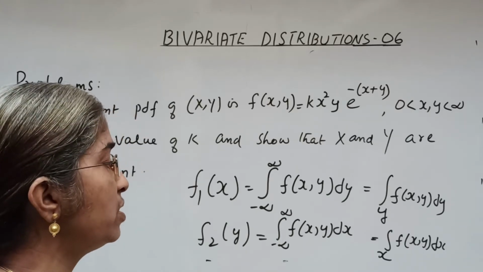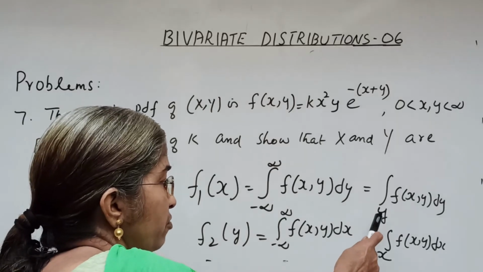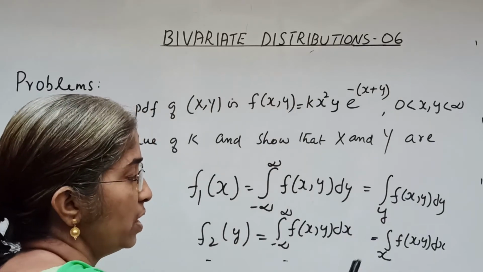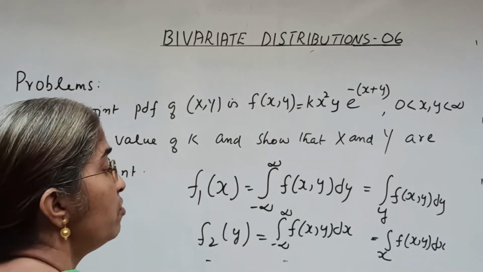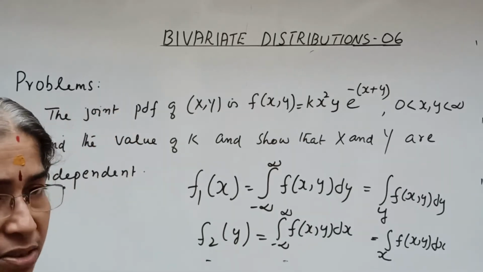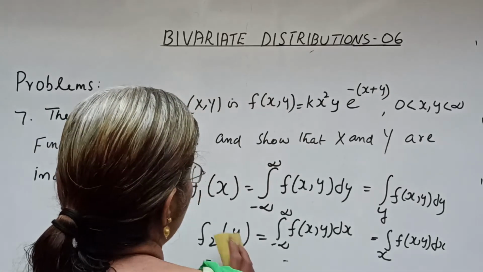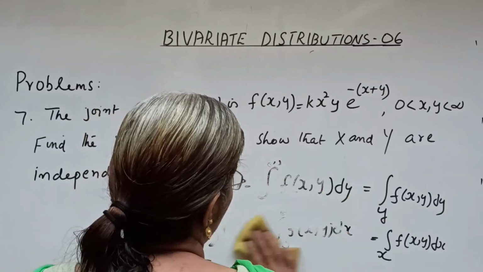When we are integrating with respect to y, we take the limit for y, and when we are integrating with respect to x, we take the limit for x. Okay, so we proceed one by one.